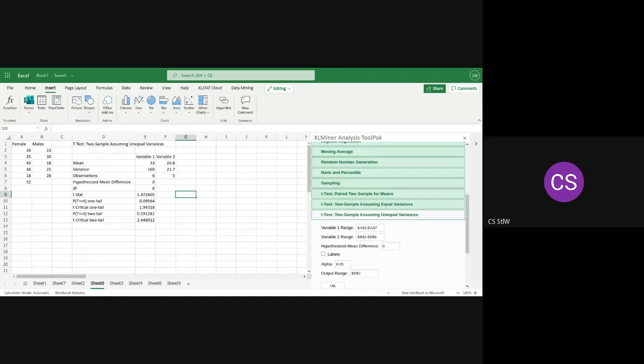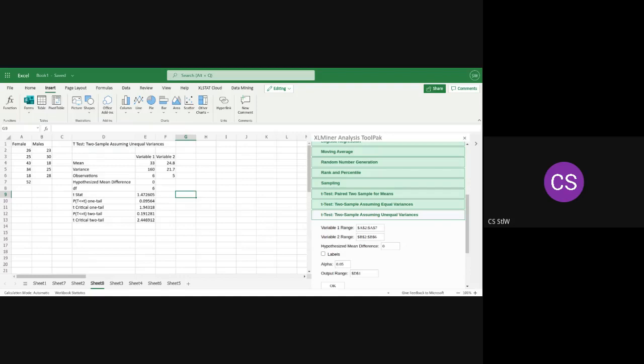So this actually gives us the variance that I was talking about. If you remember, the F-test gave us something different. That means the F-test is using something different, probably n-1. And then the observations are 6 and 5.